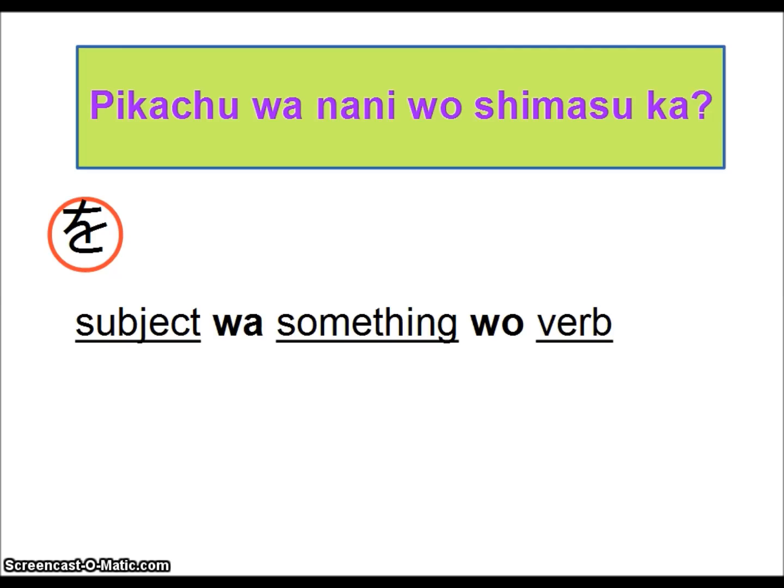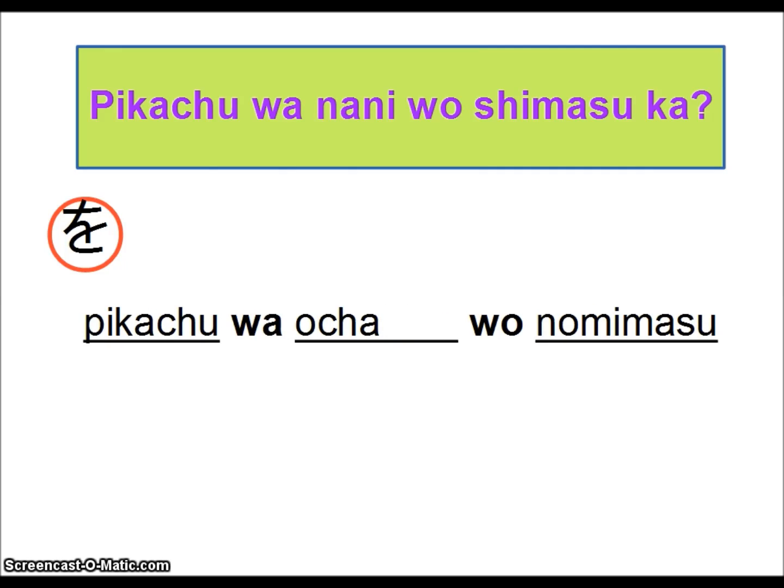So before, when we were just talking about something is something, that was x wa y desu. But now when we're using verbs in a sentence, not just is, we're using other verbs, the form is subject wa something o verb. So if we have a sentence like Pikachu wa ocha o nomimasu, what does this mean?